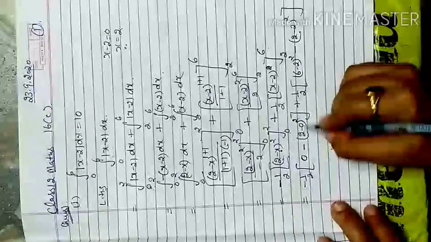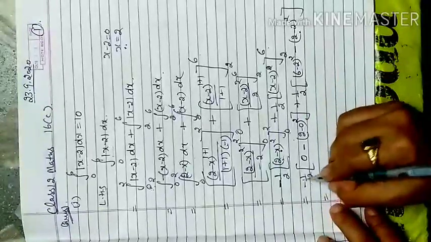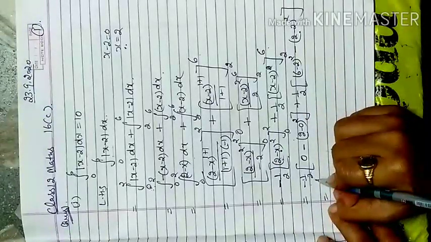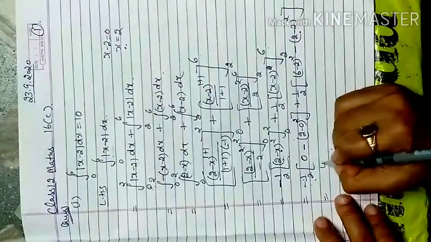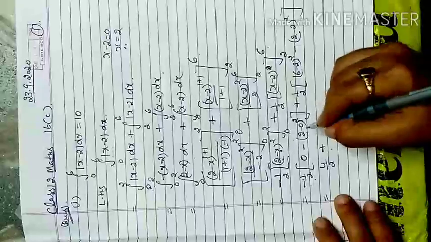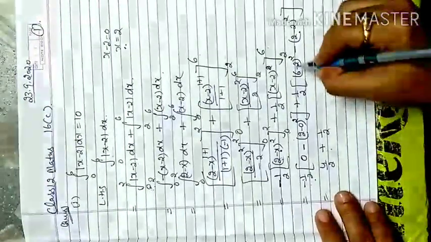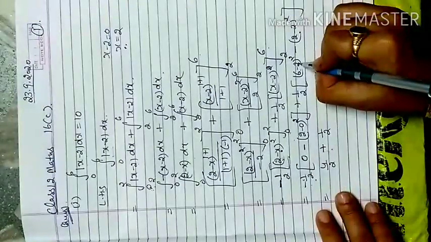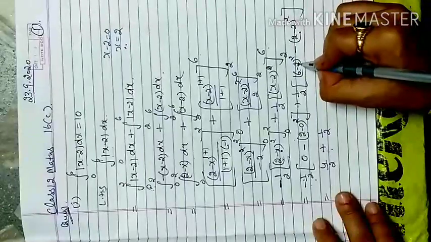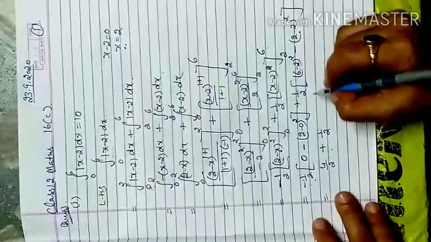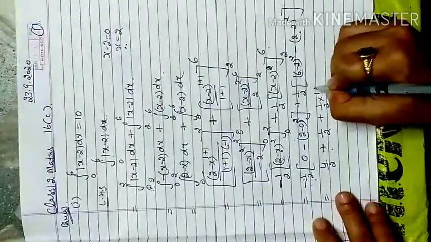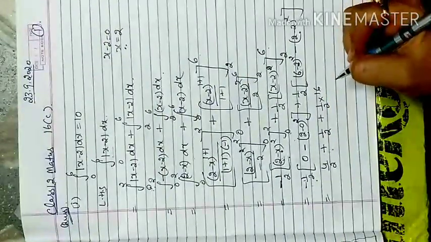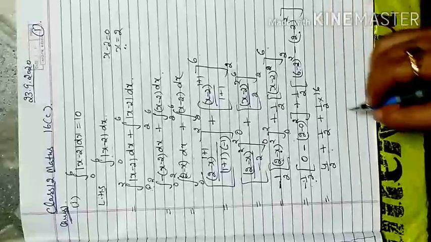So only this is left: 2 square is 4, then minus 1 by 2 is already outside, then minus 4. So that will be plus 4 by 2, plus 1 by 2 times, 6 minus 2 is 4, and 4 square is 16. So that will be 1 by 2 into 16, and this will be 0.